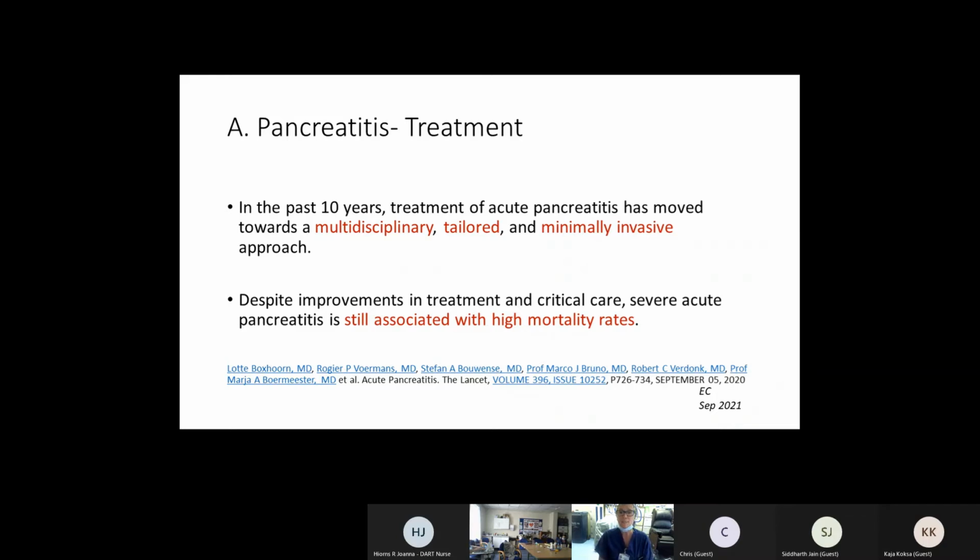And then more and more, the surgical treatment is less invasive, and that has increased survival significantly. Anyway, despite all these new approaches, as we've seen, acute pancreatitis is still associated with high mortality rates when there are organs involved.